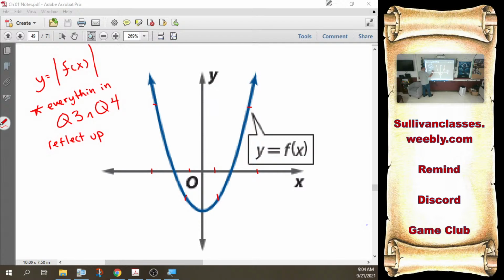So everything that's below the x-axis gets flipped up. You get to do a mathematical table flip here and say everything down here is actually going to come up here.